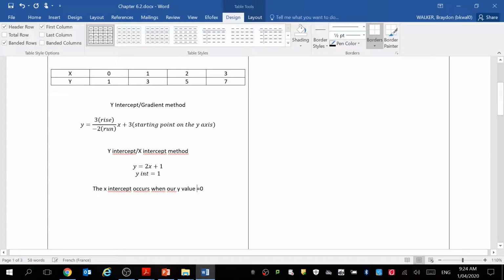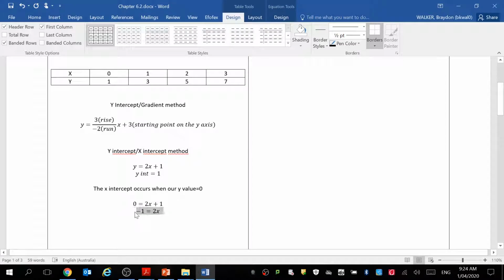So what we do, we take our equation, and I'm going to substitute y equals 0 in. And then I'm just going to rearrange it. So it's going to be 0 minus 1 is negative 1, moving the 1 to the other side.